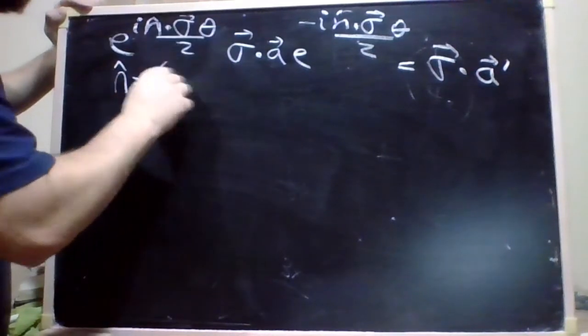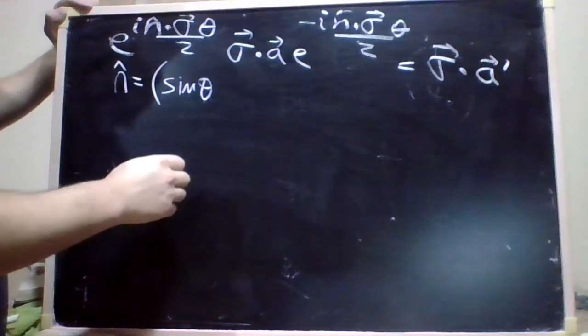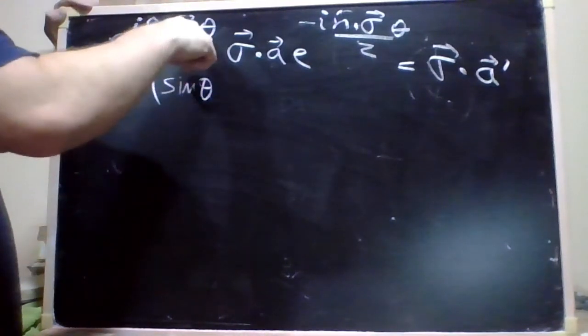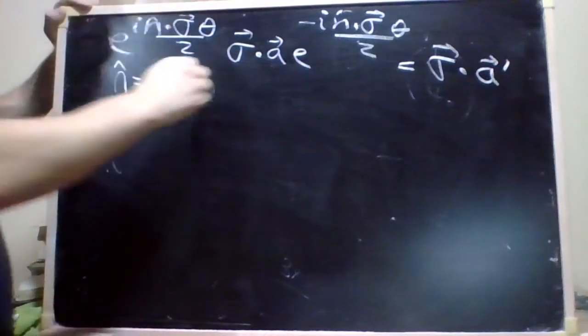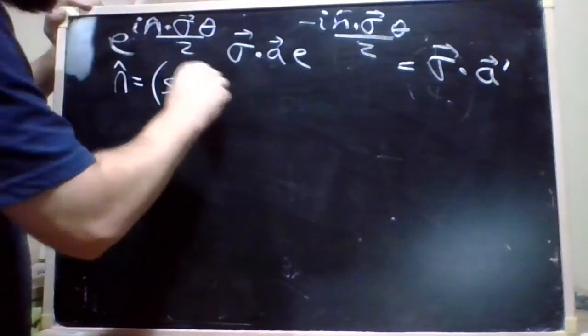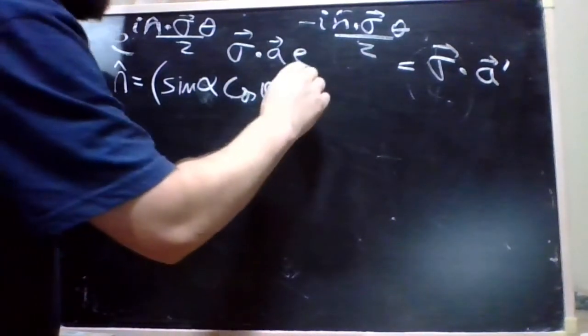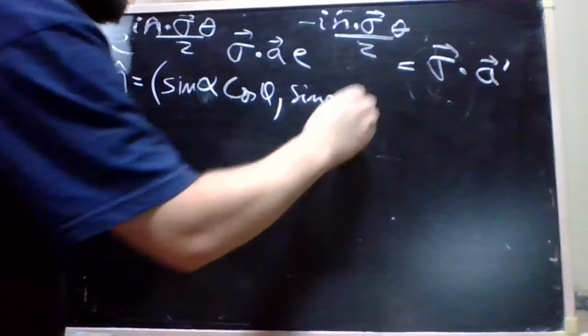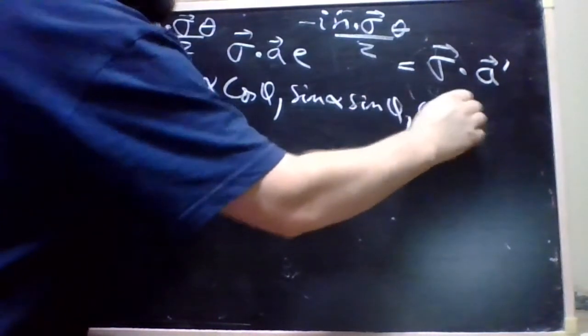You can say it's a sine of theta, and it's not the same. It's not this theta. I'll use another Greek letters here. Sine of alpha, cosine of phi, sine alpha, sine phi, and cosine alpha, right?